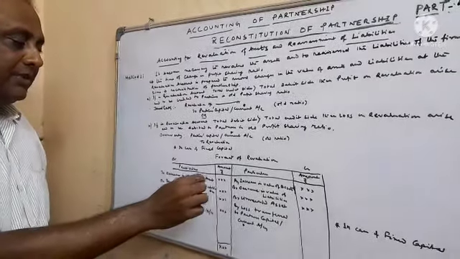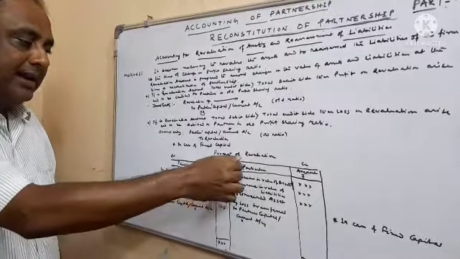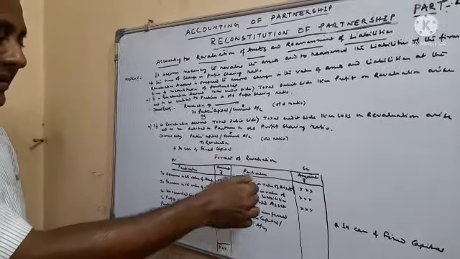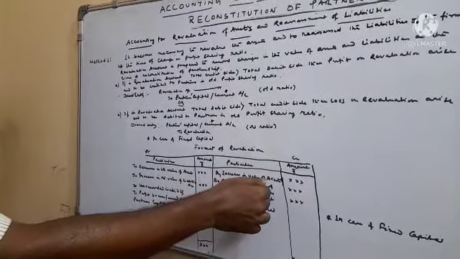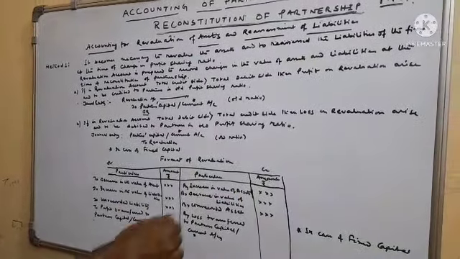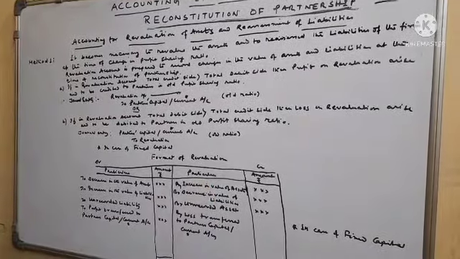So what are the accounting entries in revaluation that we can prepare? Revaluation of assets, increase in the value of asset: general entry will be asset account debit to revaluation. For unrecorded asset, entry will be asset to revaluation.